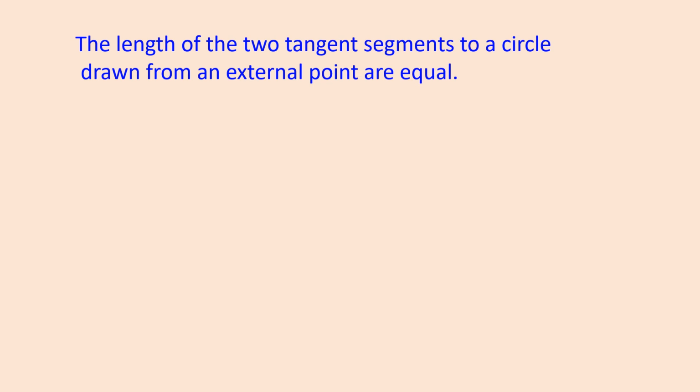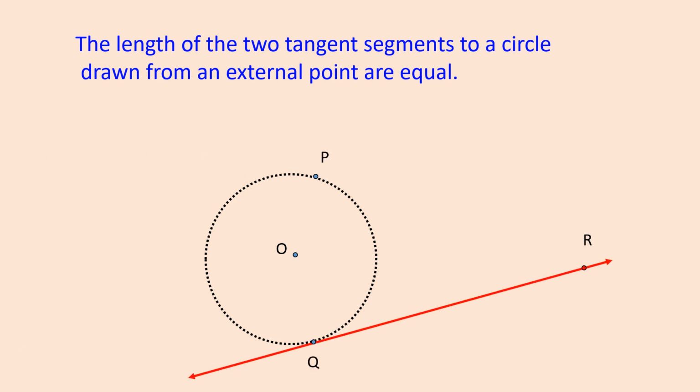Let us see the next part. What will be the length of that tangent segment which is drawn from the exterior point? So, a circle with the center O, and the point is given to you, and the tangents are drawn as you see here. As usual, the length of two tangent segments, that is PQ and PR, the two segments.